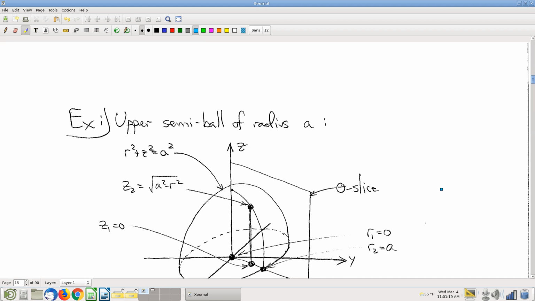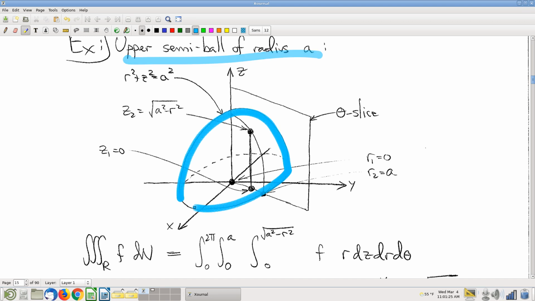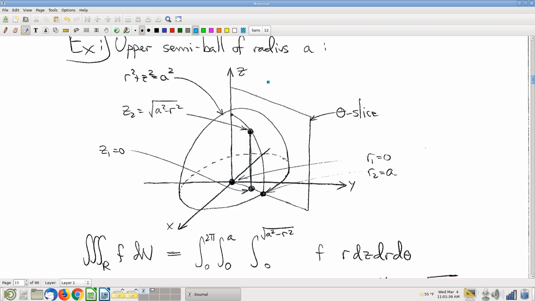So here we go. Let's look at this upper semi-ball of radius A. So this top half of a ball. Start slicing it up. Now, I'm going to make an arbitrary choice, no particular reason. I'll come back and talk about this in a few minutes, but let's do our slicing in that order: dz on the inside, dr second, d theta on the outside.